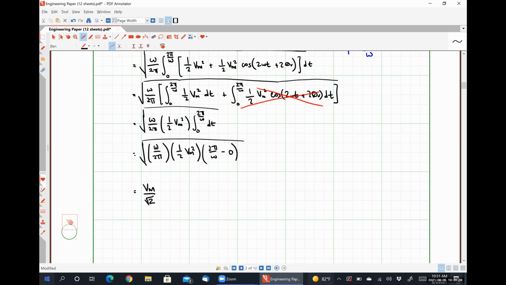So for a sinusoidal signal, in this case we did a voltage, but it should be obvious that the result will be the exact same if our signal happens to be a current. For a sinusoidal signal, the effective value is simply the magnitude of the sinusoid divided by the square root of 2. What's really interesting about this is that this result does not depend on frequency, and it does not depend on phase angle in any way, shape, or form.